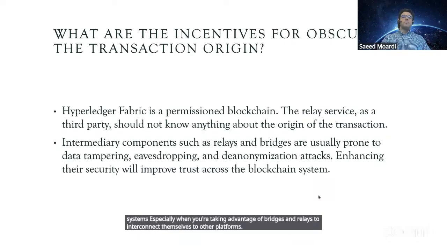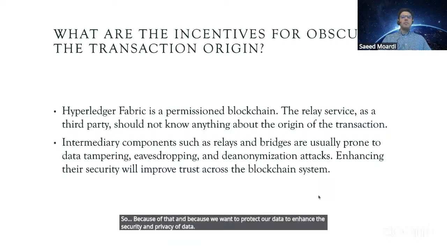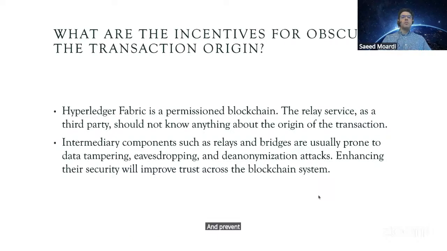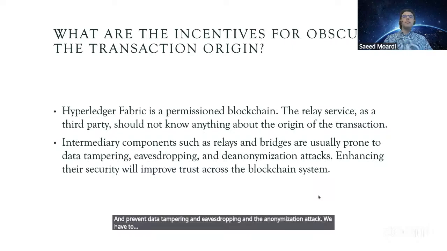So because of that, and because we want to enhance the security and privacy of data and prevent data tampering, eavesdropping, and de-anonymization attacks, we have to propose some solutions that are going to enhance the security.